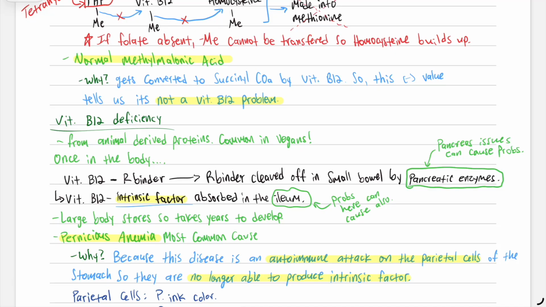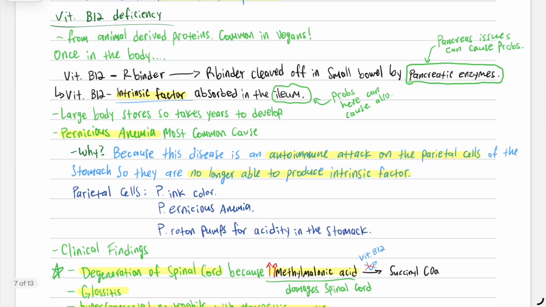And vitamin B12 is derived from animal proteins, so deficiency is something common in vegans. And once in the body, vitamin B12 is going to bind to something called R binder. R binder is then cleaved off in the small bowel by our pancreatic enzymes. So if someone has pancreatic issues, or maybe they don't have a pancreas for whatever reason, this becomes an issue, right?